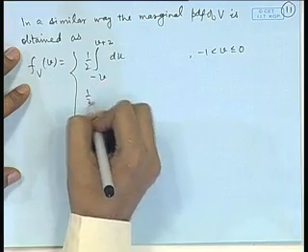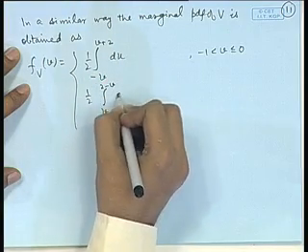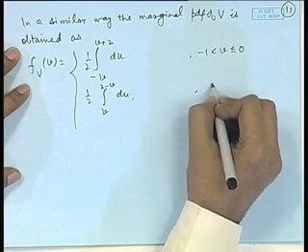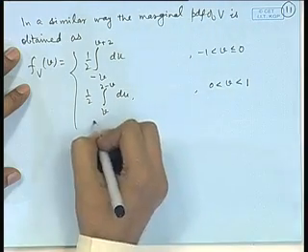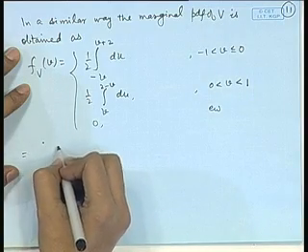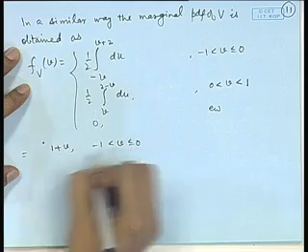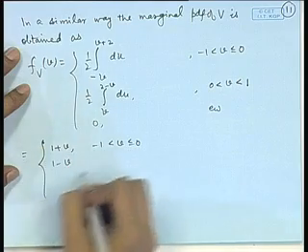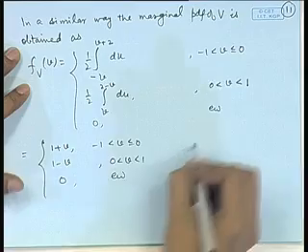It is half integral from v to 2 minus v du for 0 less than v less than 1 and 0 elsewhere. So, after simplification, this turns out to be 1 plus v for minus 1 less than v less than or equal to 0 and 1 minus v for 0 less than v less than 1, 0 elsewhere.